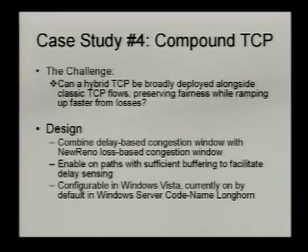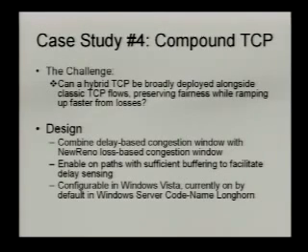Compound TCP is an algorithm which is latent in the client, but we're looking to enable it by default in the server operating system, where it's much more compelling. The basic idea behind Compound TCP is to look at what it takes to recover from unfairness on wide area networks, particularly wide area networks that are very high capacity, and ramp up into the available capacity faster than classic TCP does.